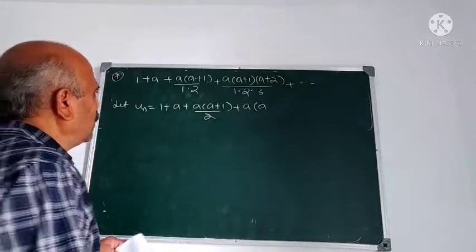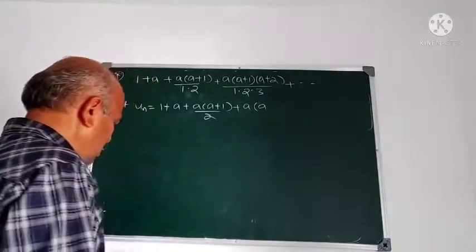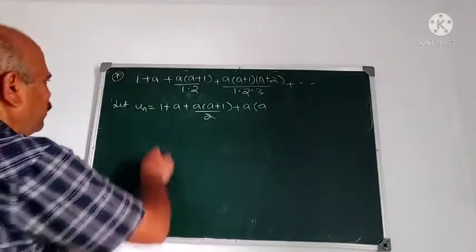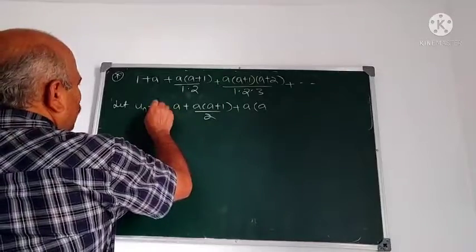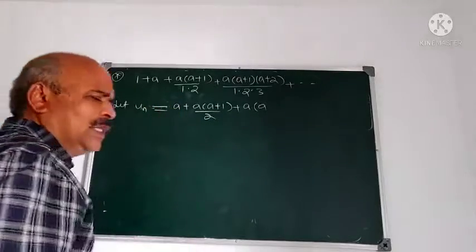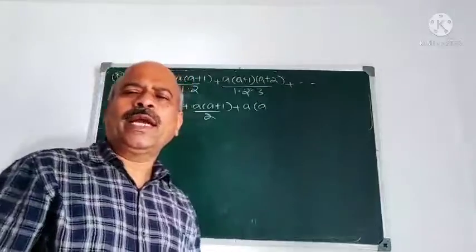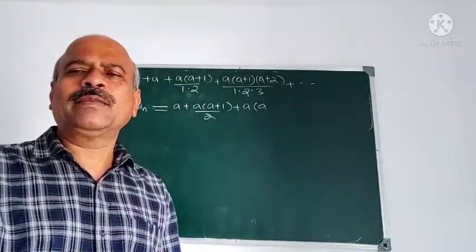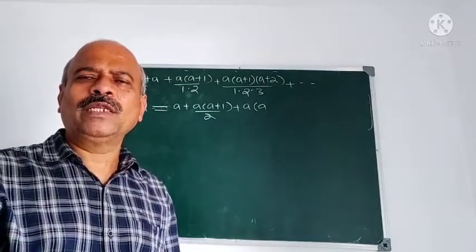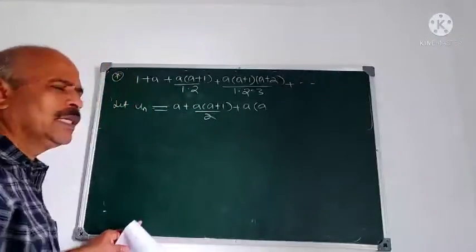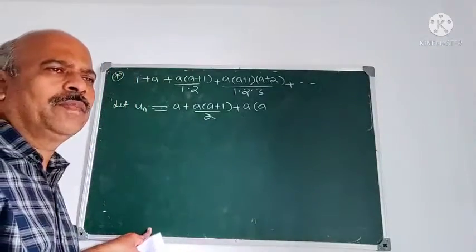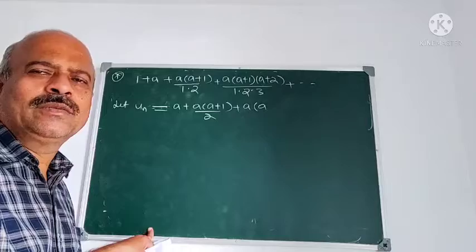Un is, we leave the first term here for generalization. You know that in an infinite series, we can add some terms, or at the same time we can leave some terms while discussing the convergence. It doesn't affect the convergence or divergence of the series.